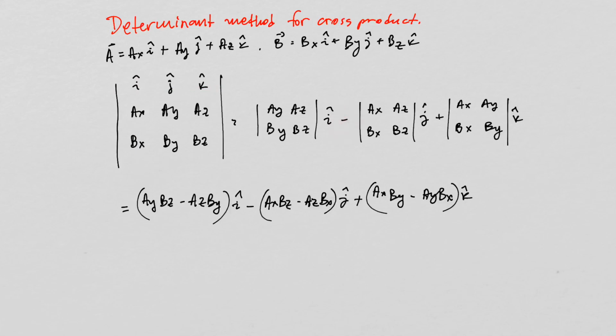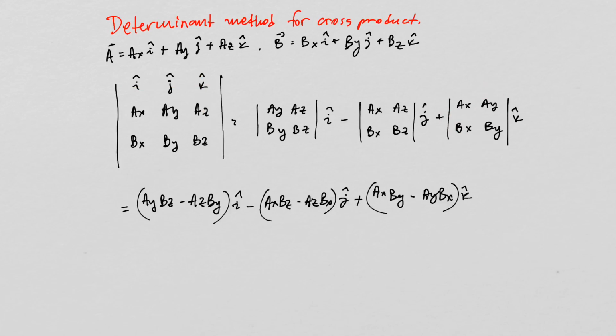And then in my determinant, if I cross out j hat, what's left is AX, AZ, BX, BZ. So this is my 2 by 2 determinant multiplied by j hat. And finally, I'm going to cross out k hat. What's left is this block here that contains AX, AY, BX, BY. So that's my third 2 by 2 determinant that I'm multiplying by k hat.